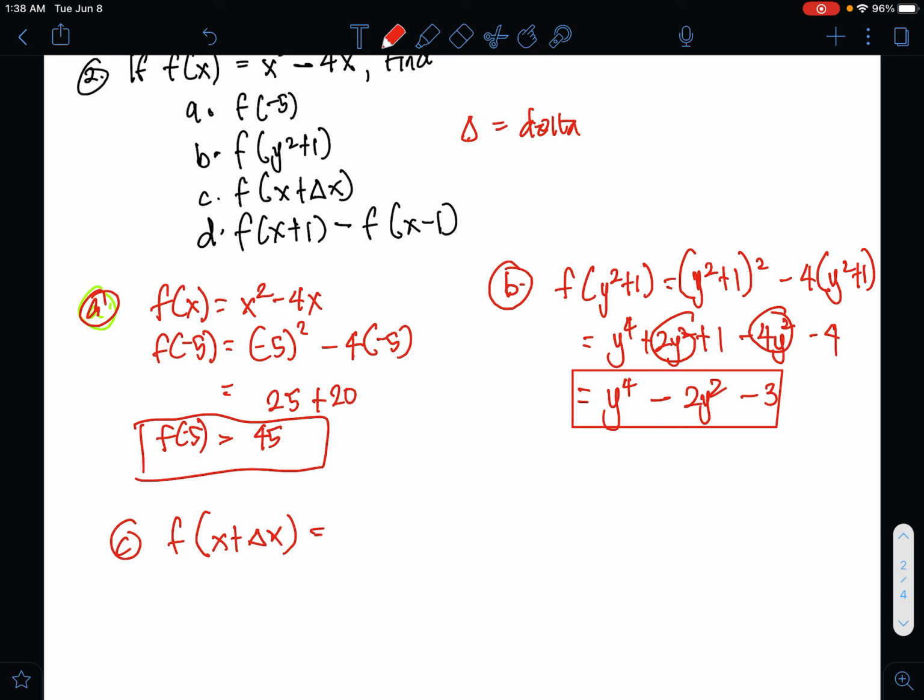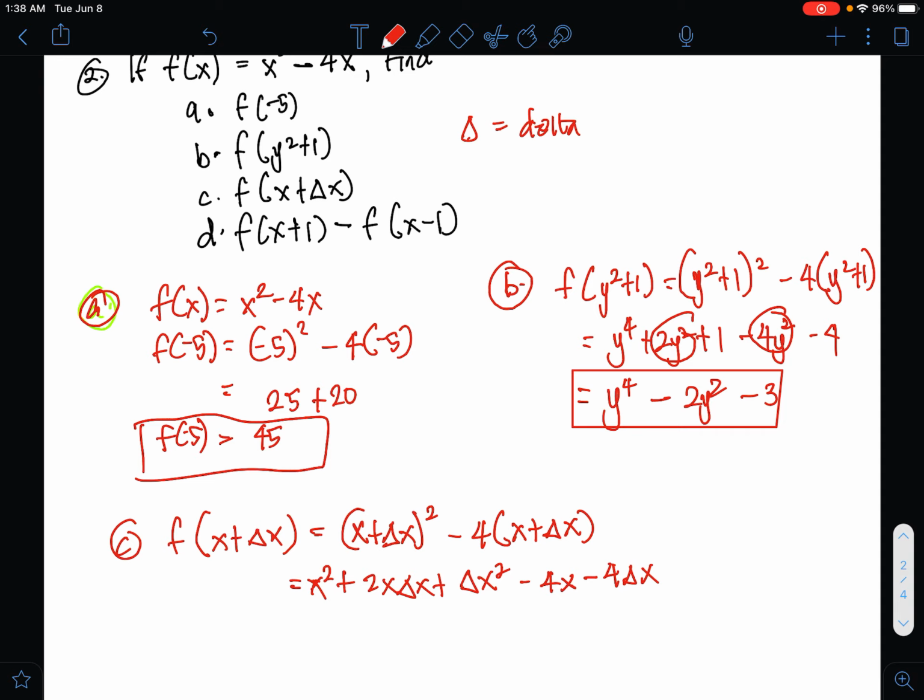So going back, x squared becomes x plus delta x, squared, minus 4 times x plus delta x. This is equivalent to x squared plus 2x delta x plus delta x squared, minus 4x minus 4 delta x.